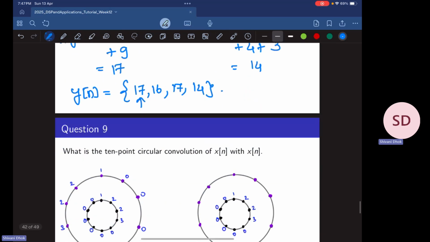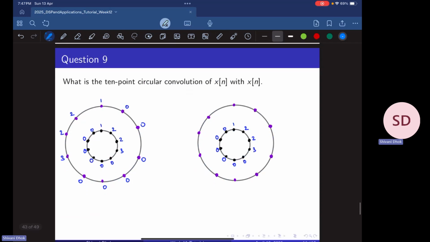Okay. If there are no questions, then let me move on to the next question. So here it says that we need to find the 10-point circular convolution of x of n. What we will do, we'll repeat the same exercise, but now I will have capital N equal to 10.